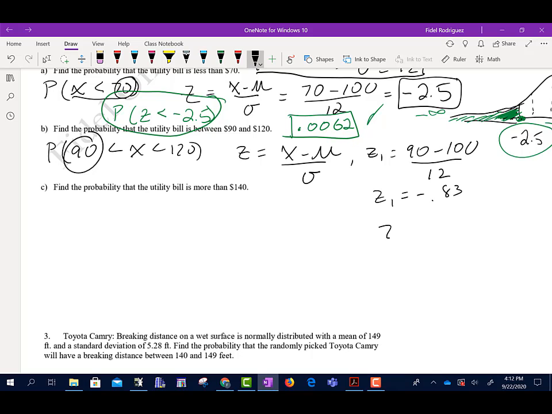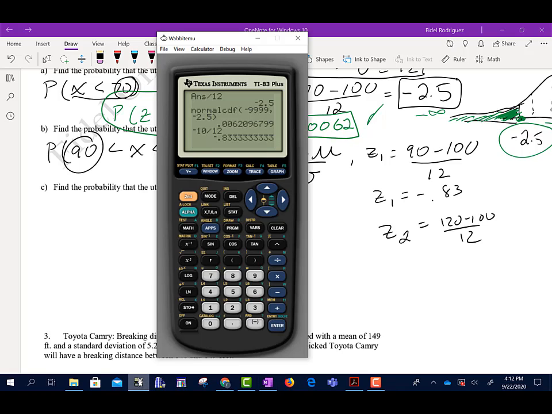Okay, and then I'll do my second z value, which is going to be 120 minus 100 divided by 12. So I know that 120 minus 100 is 20. So 20 divided by 12 equals 1.67.